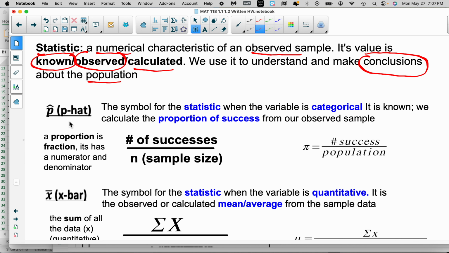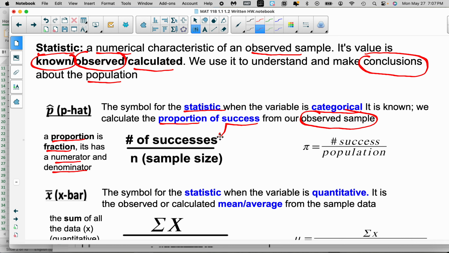When we talk about p hat, again, that is the symbol for the statistic when it's categorical. It represents a proportion of success that we observe from our sample data. A proportion is a fraction. It has a numerator and a denominator.